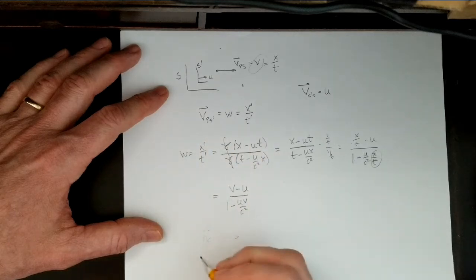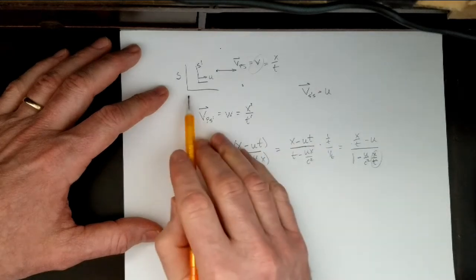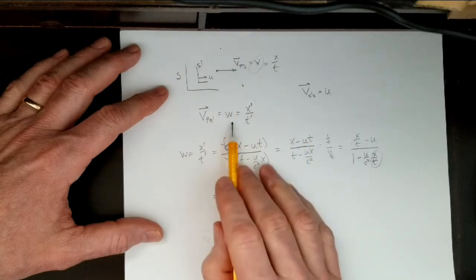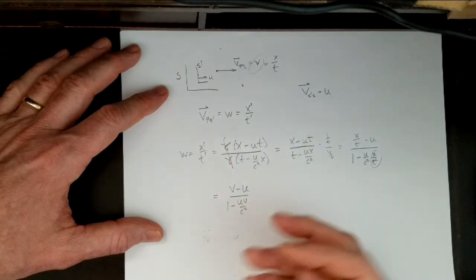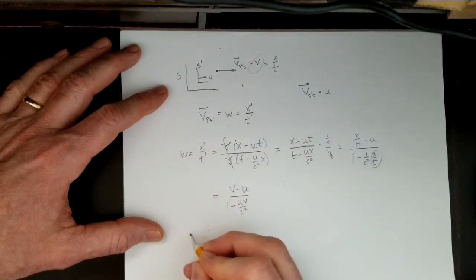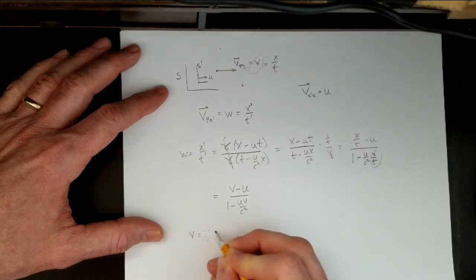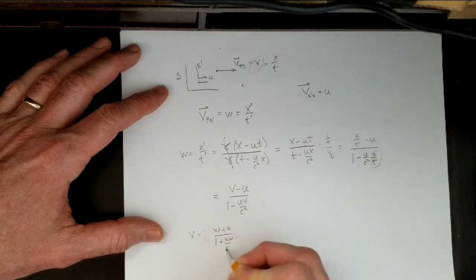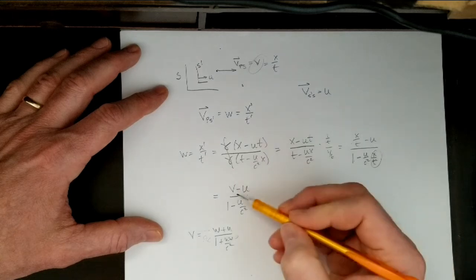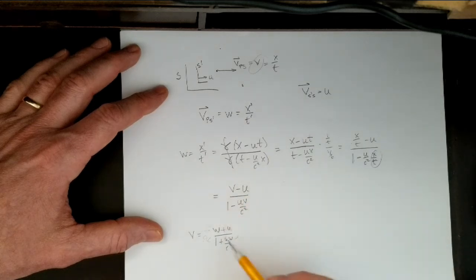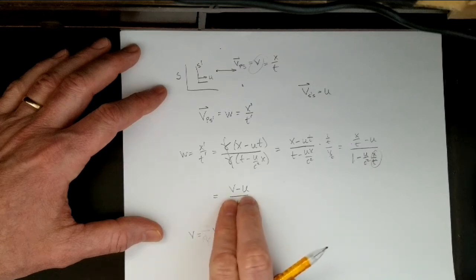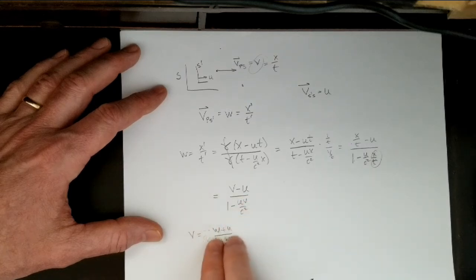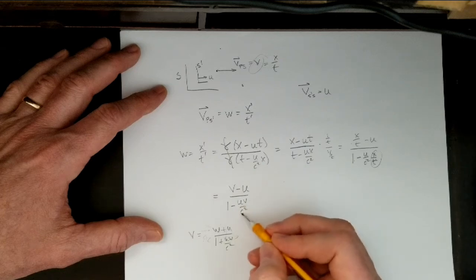Now if we wanted to go in the other direction, what is v in terms of w and u? We're basically going in the other direction, and we'll do a hand wave here, but we end up with v equal to (w plus u) over (1 plus uw over c squared). Now from a solving point of view, these signs are the same. And also, Galilean relativity is just the denominator equal to 1, because u and v are both so small relative to c.